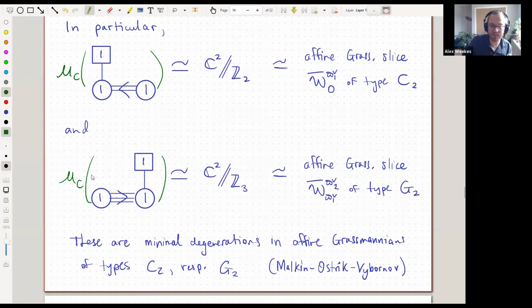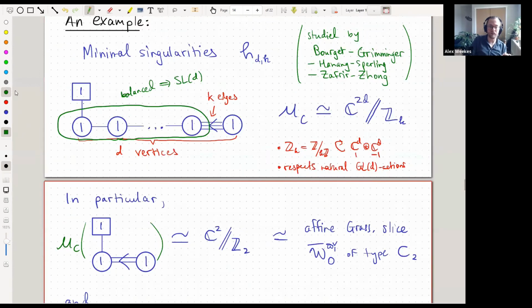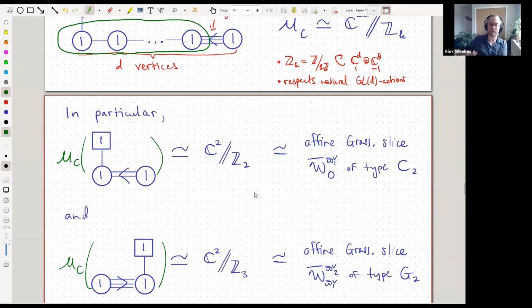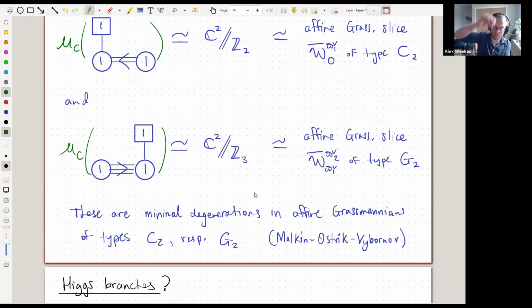And I'll mention that these two examples of affine Grassmannian slices have appeared in the work of Malkin, Ostrik, and Vybornov, because these are examples of minimal degenerations, just as this is a minimal degeneration. In other words, again, the Hasse diagram is only two things: the whole and a point. There's an open, smooth part, and there's a point, which is the singular point.